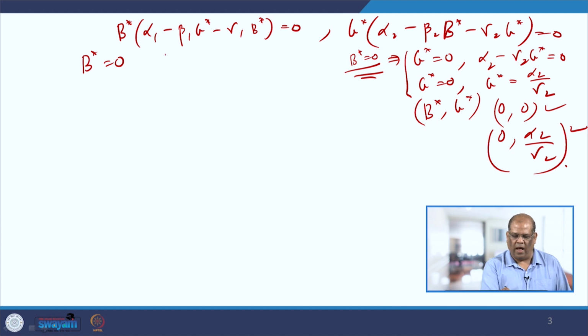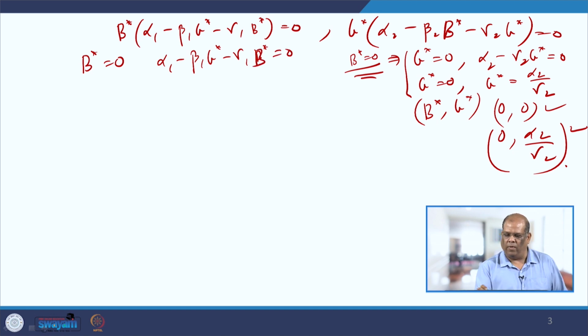And also we have alpha 1 minus beta 1 G star minus gamma 1 B star equal to 0. Now, from here you have G star equal to 0 and alpha 2 minus beta 2 B star minus gamma 2 G star equal to 0.